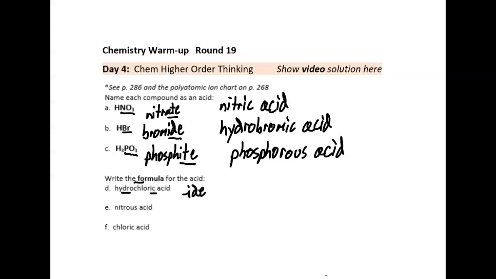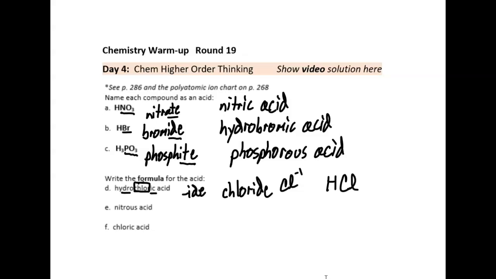So we have to form a word that has chlor and ide. Okay, no problem. Chloride. We know the symbol for chloride. It's Cl. It has a -1 charge. How many hydrogens do we need to pair with that to create a neutral compound? Only 1 hydrogen. So HCl.